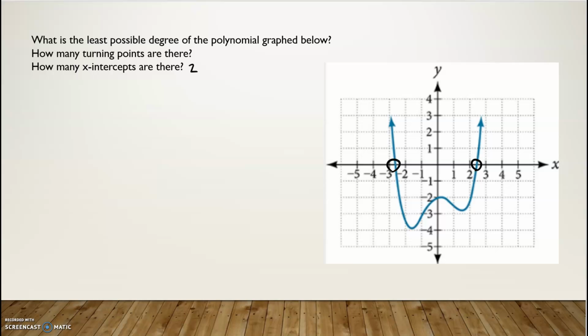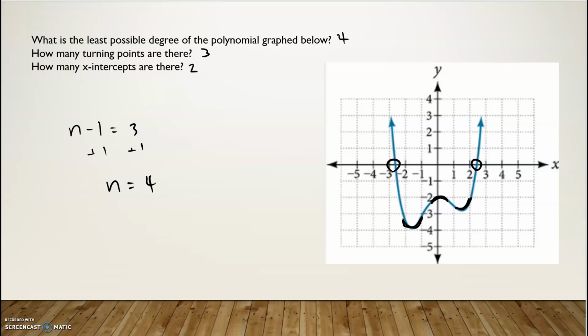Now let's count the number of turning points. We've got 1 turning point here, 1 turning point here, and 1 turning point here. So I have 3 turning points. We know that turning points is n minus 1, that's equal to 3, and n is the degree of the polynomial. So if I solve for n, the degree of the polynomial should be 4.